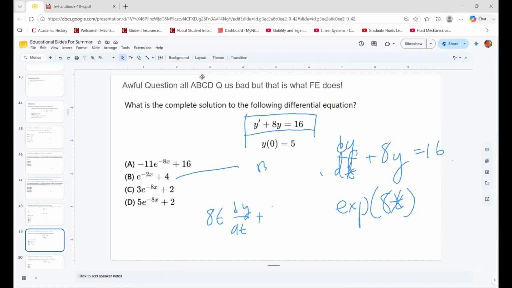Okay, fair enough. So in this case, it will be 64t. Am I right about this? Let me double check. If this is true, then we have a derivative of, we need this to be true, and is that true? Am I doing this wrong?